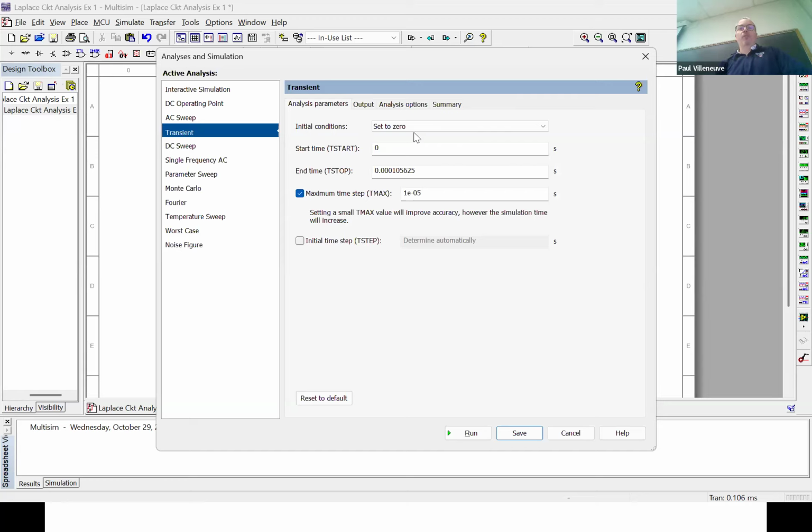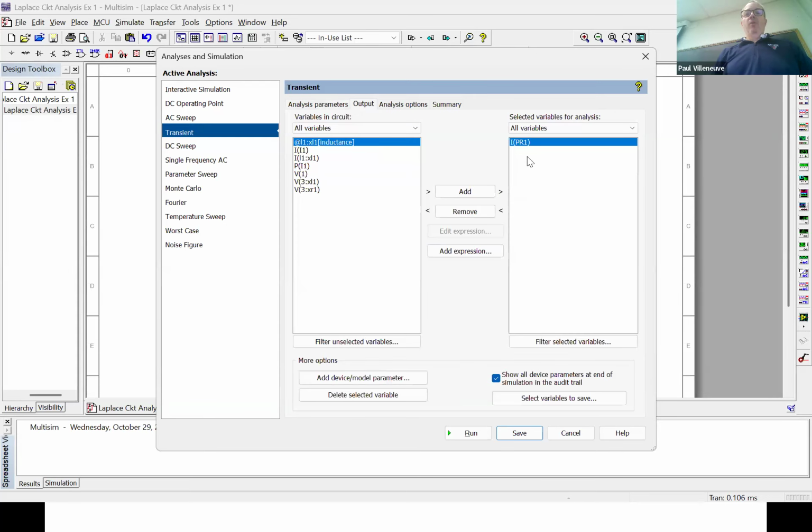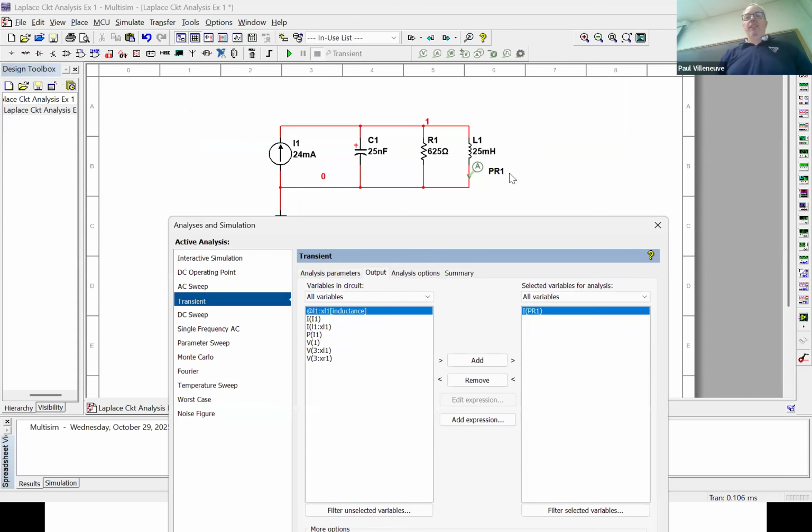So I'm going to force those initial conditions to 0. I'm going to stop at a wacky time that'll make sense, and I don't want my maximum time step to be too great. My output is going to be I primary, where I put my probe in the original circuit, so I'm monitoring the current through the inductor.